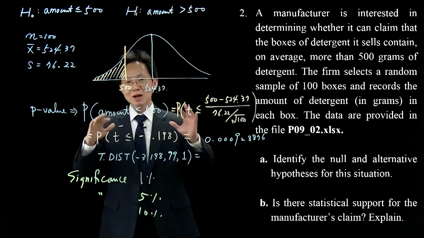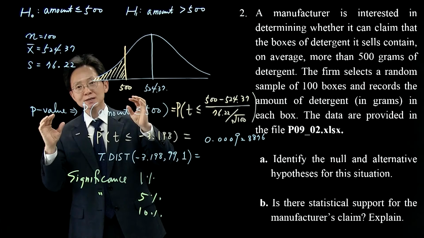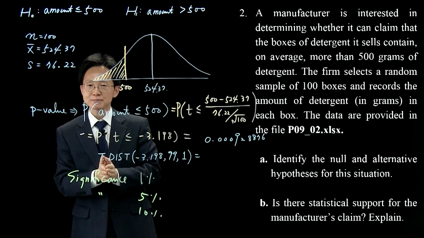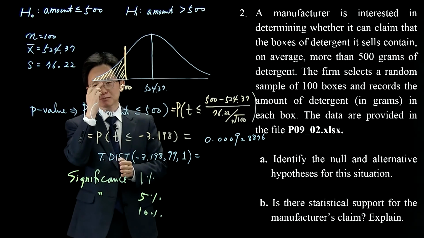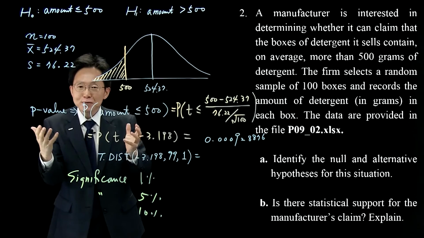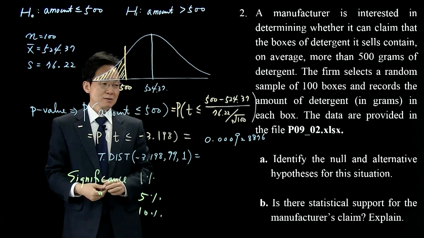Okay? So now I hope that you have at least a vague idea about the relationship between the p-value and the significance level. Just remember that the p-value is the level of significance to support the null hypothesis. Okay?